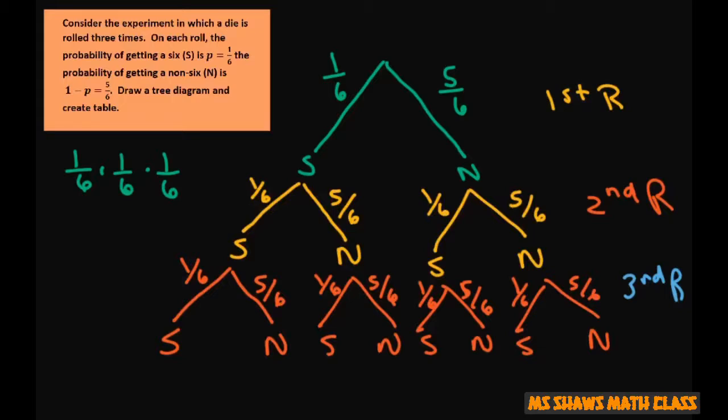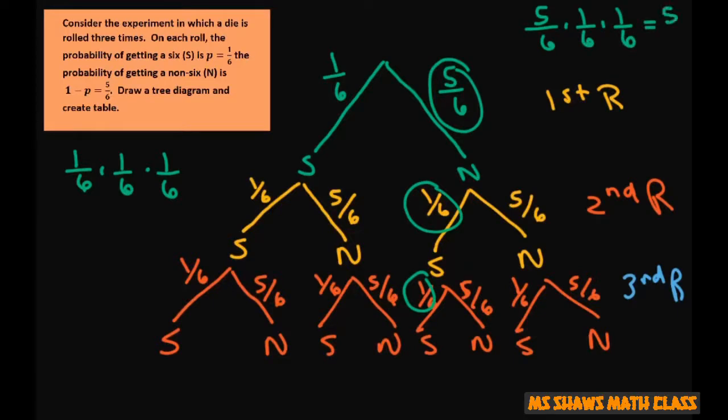And then if you roll non-6 and then 2 6s, so we're rolling this one, then these two, that would be 5/6 times 1/6 times 1/6. So that would give you 5 divided by 6 times 6 times 6, which I think is 216. All right, so that's what we're going to do for the table.